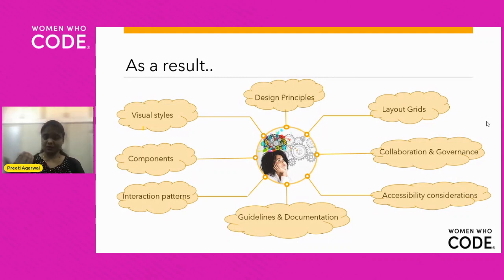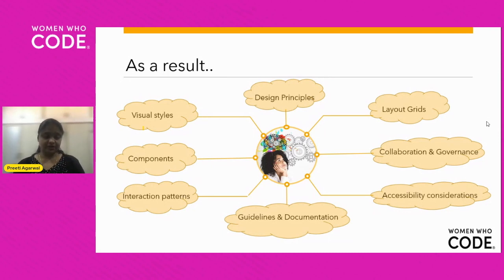Then as they already experienced the components, they listed the components as well, that we also need, there's a pattern of the same components being repeated across the products. So we can have components also in our design system, because they are repeated, we can make it a reusable central repository of components and UI elements, like your buttons and navigation menu cards and all that.